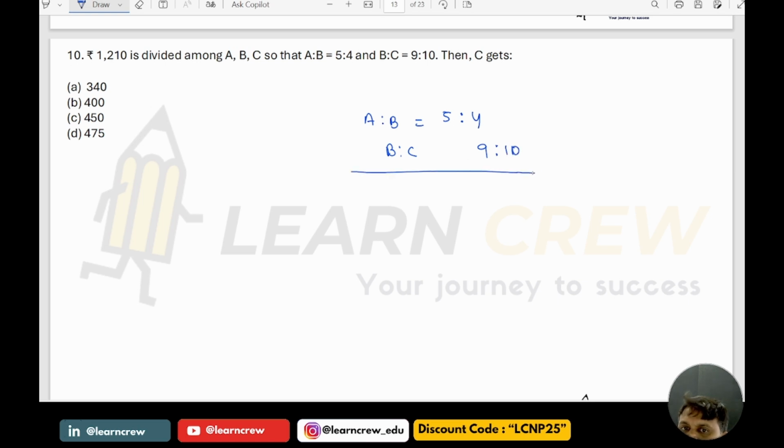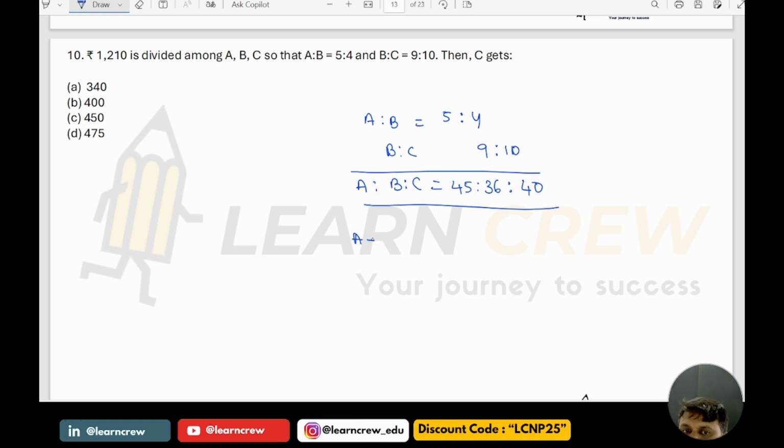So what is the ratio of A, B and C? I am going to get 5 into 9, 45. 4 into 9, 36, 4 into 10, 40.